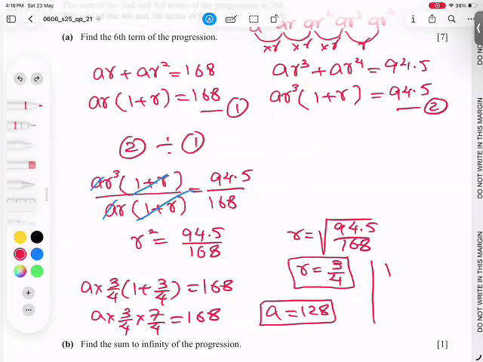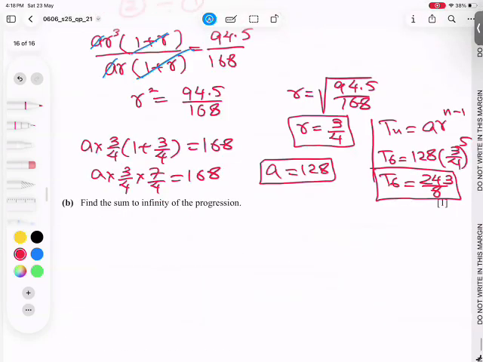And how to get the 6th term in the progression? The formula is Tn equals A R to the power n minus 1. Replace every n by 6. A is 128 and R is 3/4 and power is 5. And the 6th term is 243/8.